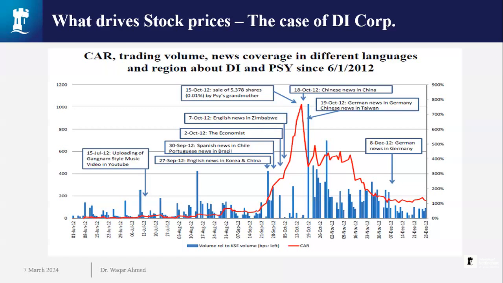Before like 2012, there's absolutely nothing, right? The red line is close to zero. And then all of a sudden, the returns go up, and you can see they do go down later on, but it's still 130% above the original level.